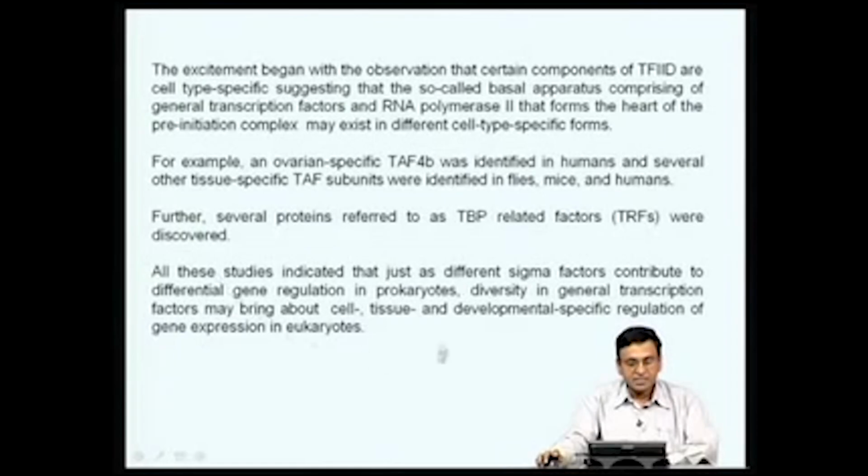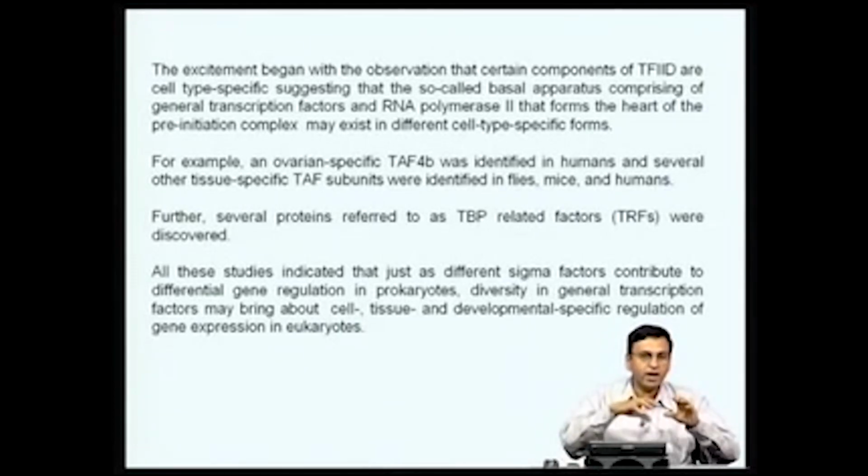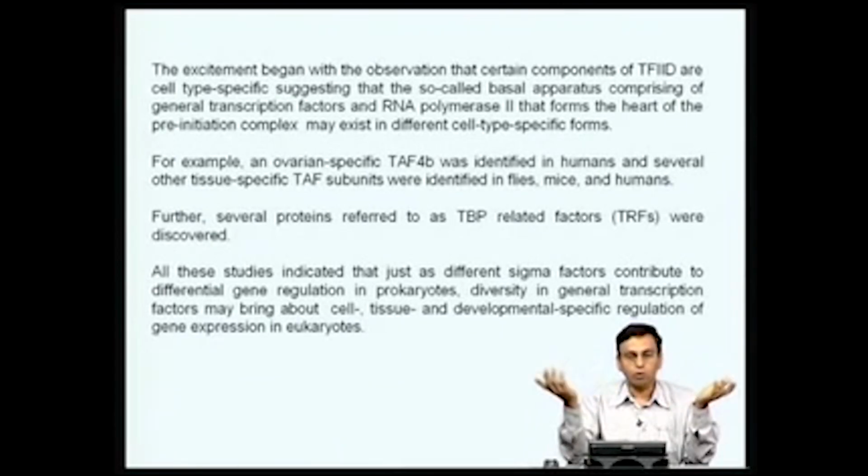So, all these studies indicated one thing. Just as in the first class I told you about sigma factor switching in prokaryotes, that means by using different sigma factors capable of binding to slightly variant -10 and -35 sequences, differential gene regulation is brought about in prokaryotic cells.